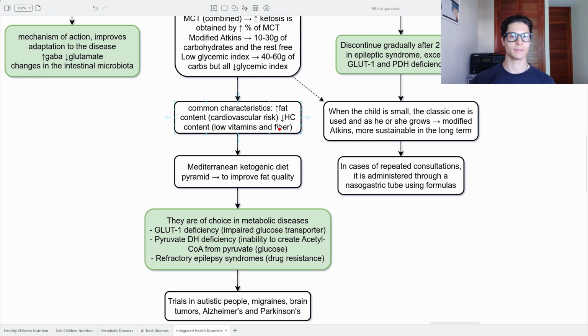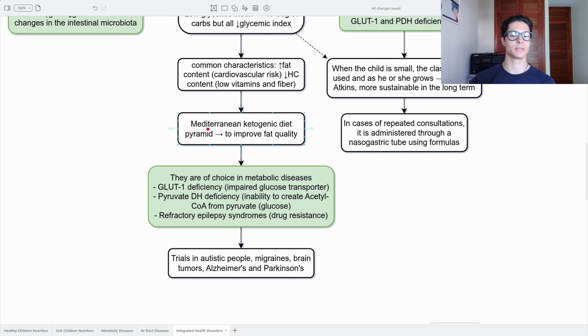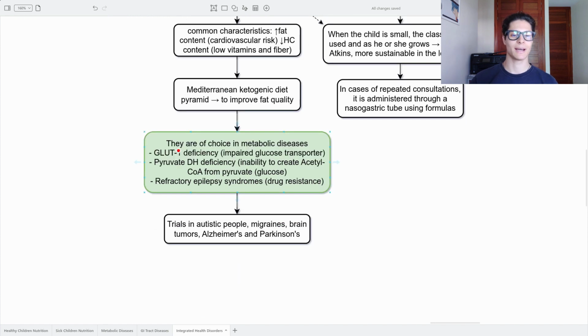So as you can see, these diets are mostly fat, but not all fat is the same. So they started to create the Mediterranean ketogenic diet pyramid, and the purpose was to improve the fat quality. You have to know that the ketogenic diets are of choice in metabolic diseases, such as the GLUT1 deficiency.